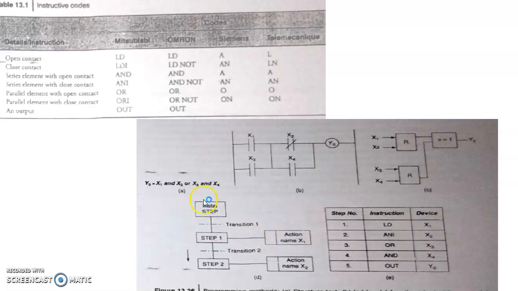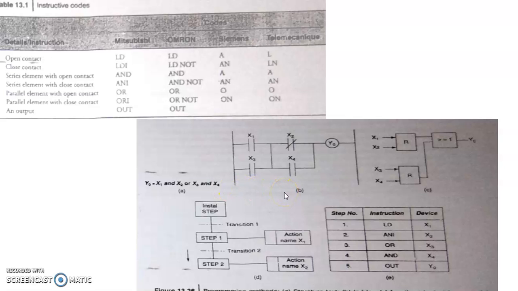Again, in this figure we have different methods of programming. In figure A, here we have structured text method which denotes output y0 is equal to x1 and x2 or x3 and x4. So this is simple instruction for output y0 which has 4 inputs x1, x2, x3 and x4.